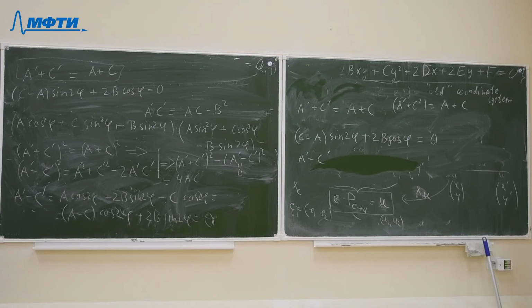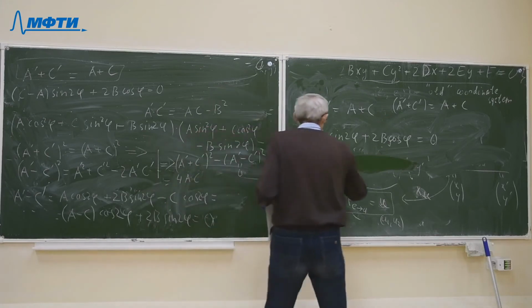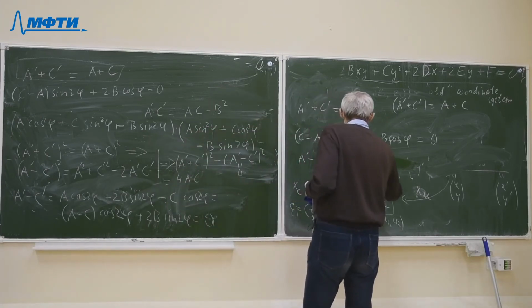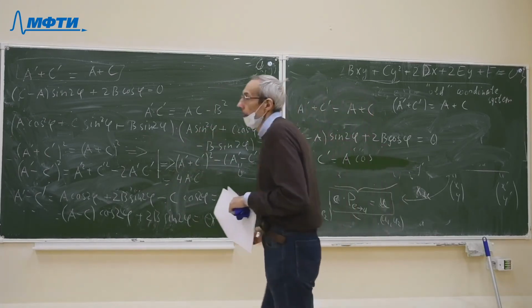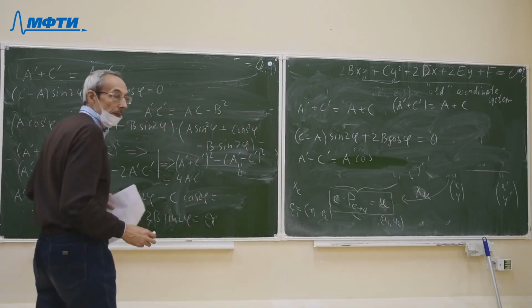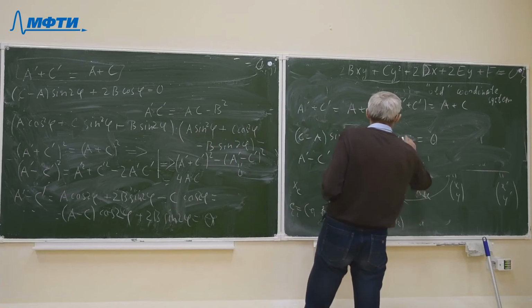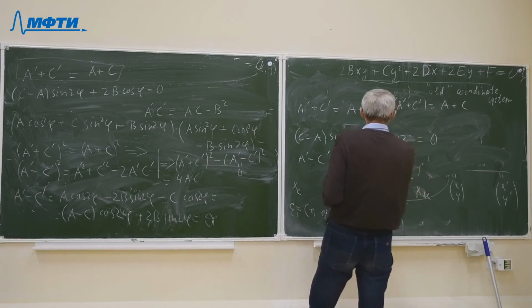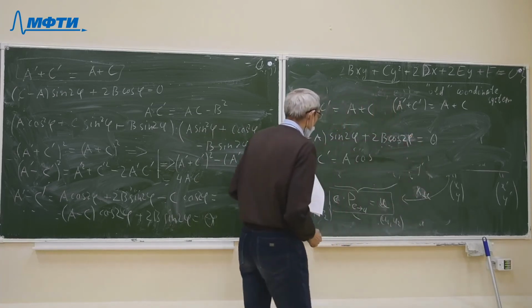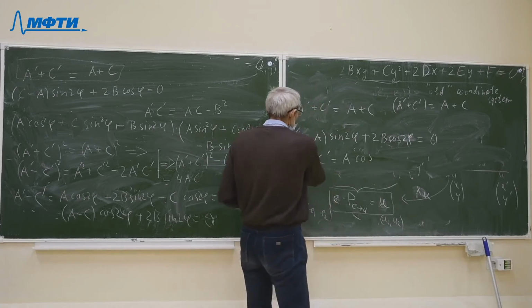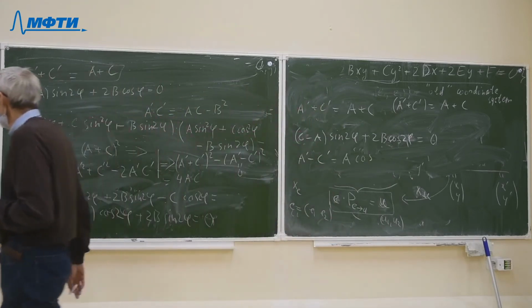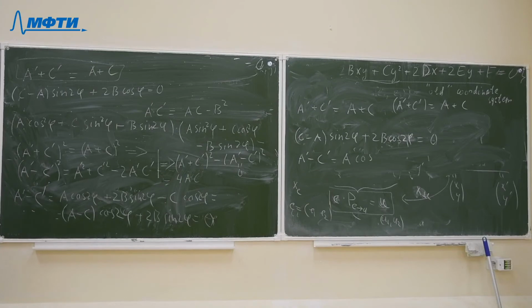And we obtain A cosine 2 phi. We already have B prime minus C prime, C minus A sine 2 phi.